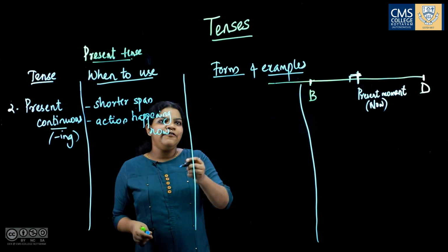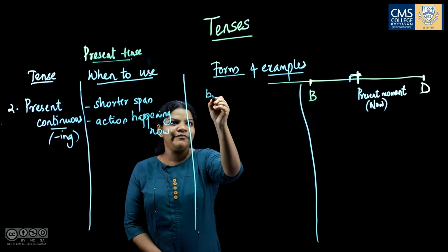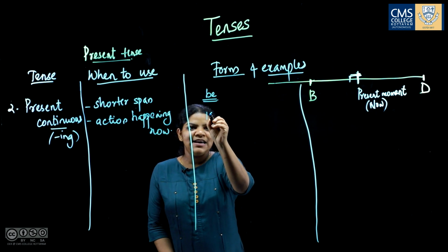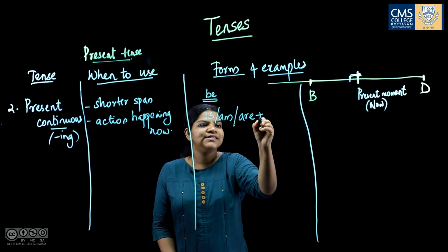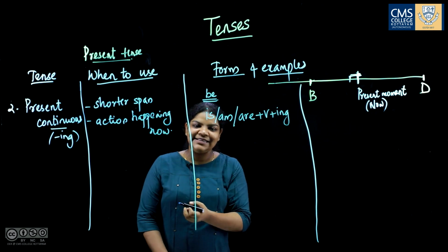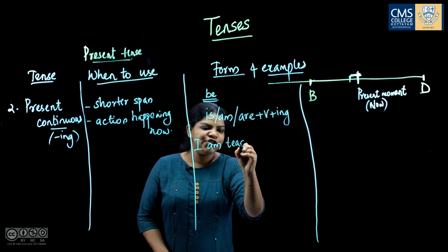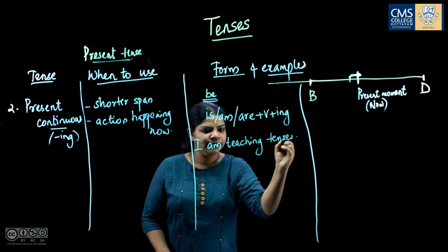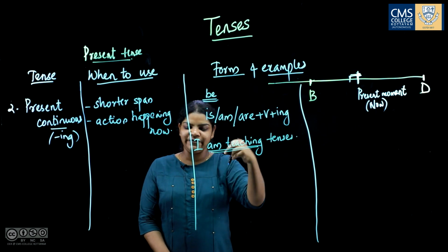So, the form for present continuous tense is, as we said before, the form of be. We use the form of be for present continuous tense. That is, it will be is or am or are plus the verb plus ing. So the example that I gave before, I am teaching tenses. So am teaching is the form that we used here.